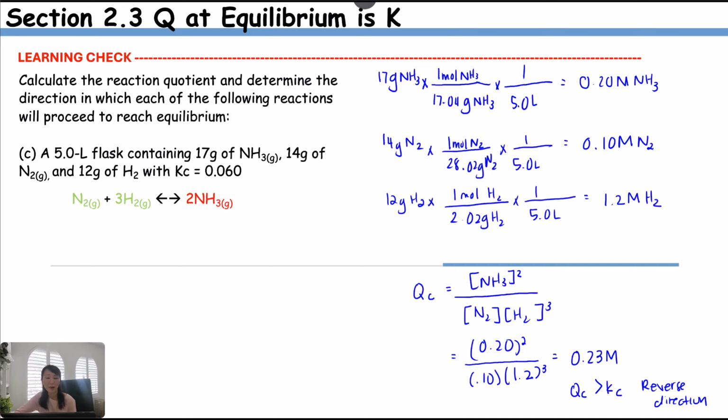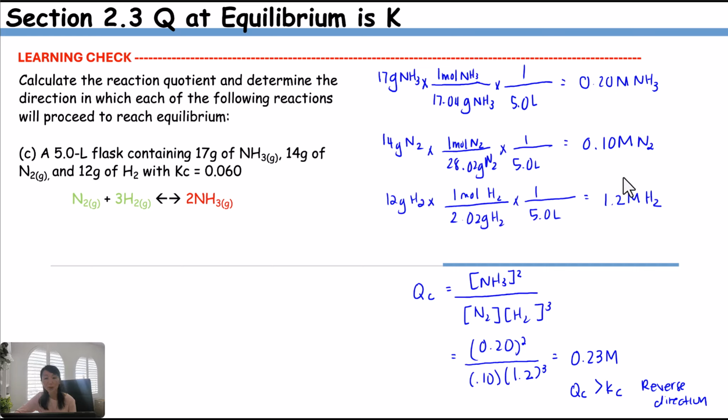This is for part C. I do want to cover a little bit regarding part C. So in the beginning, you'll notice that it's not giving you the value of each of the reactant and product in moles, but it's giving you two in grams. So you will have to change it into moles by utilizing molar mass. Then divide it by the liters to get your moles over liter, giving you molarity. So that's what I did for NH3, N2, and H2.